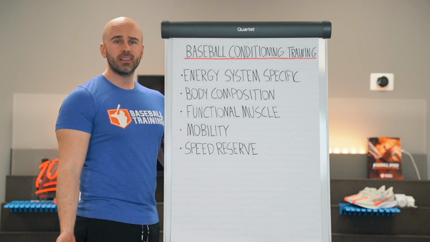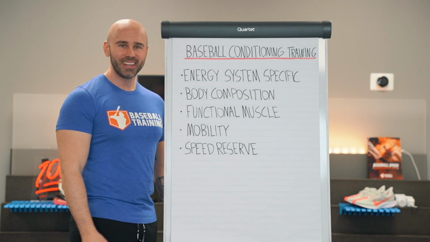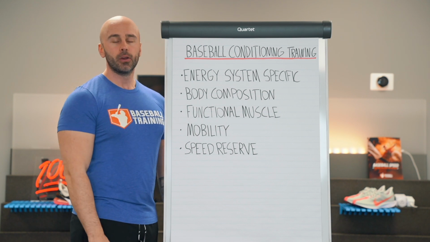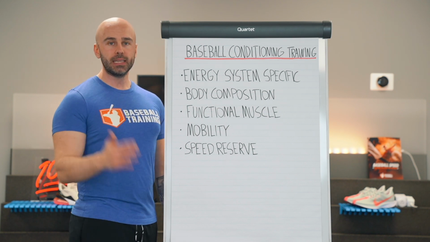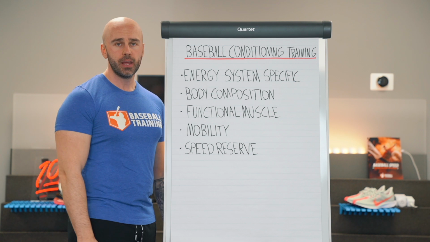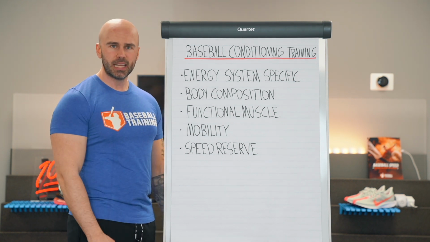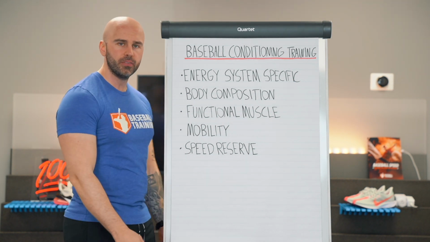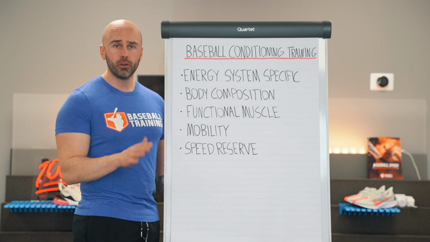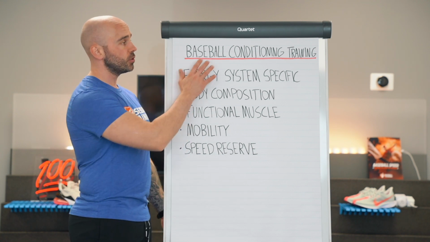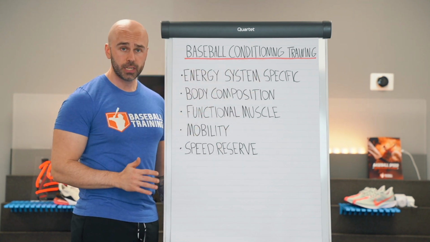You don't have to be as lean as a bodybuilder or anything like that, but you should be lean. Right? Males should ideally be less than 15% body fat, and females should ideally be less than 24% body fat. If you can stay in those ranges, then you're going to be doing a big favor for yourself for conditioning.